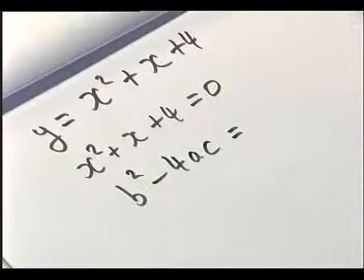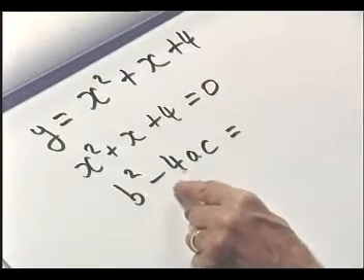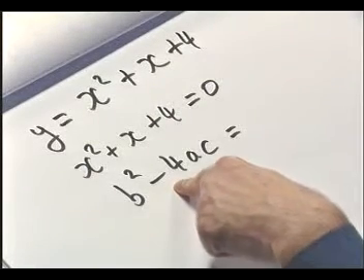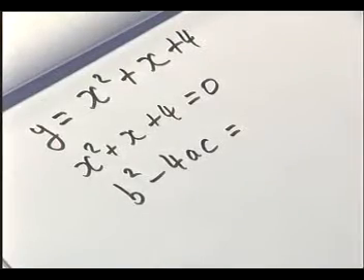Remember, the formula for solving a quadratic equation is x equals minus b plus or minus the square root of b squared minus 4ac all over 2a. But it's this bit that's the important bit, the b squared minus 4ac. Because if that's negative, when we take a square root we can't have the square root of a negative number, what that tells us is that this equation has no roots.